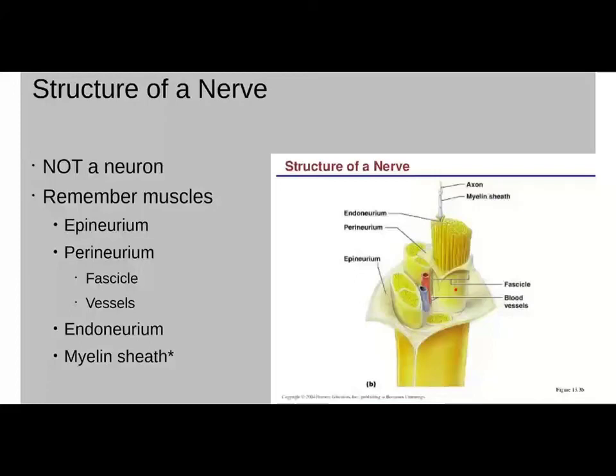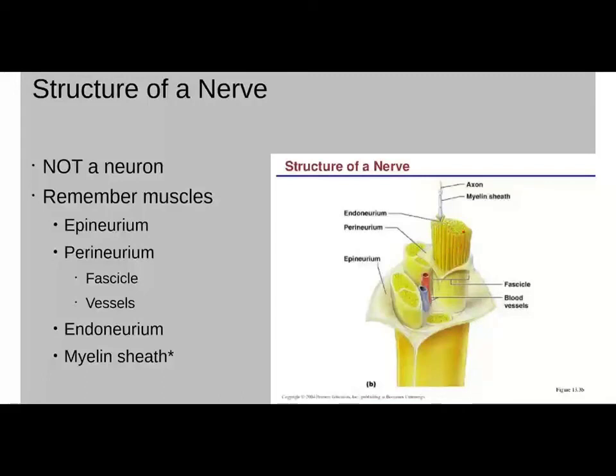And here we pulled a fascicle out, and we can see that it's got a connective tissue wrapping also. That's called the perineurium. So a fascicle is wrapped in a perineurium. And inside that fascicle, we see smaller structures still.